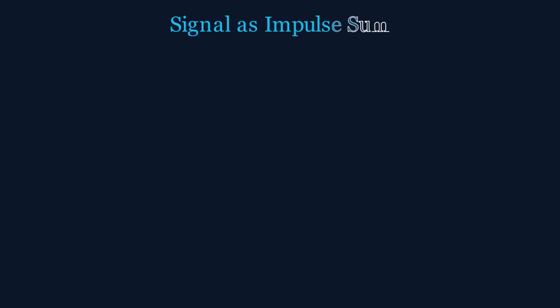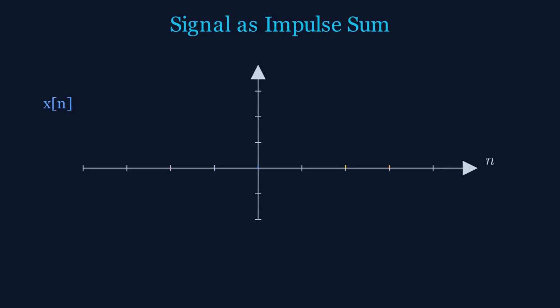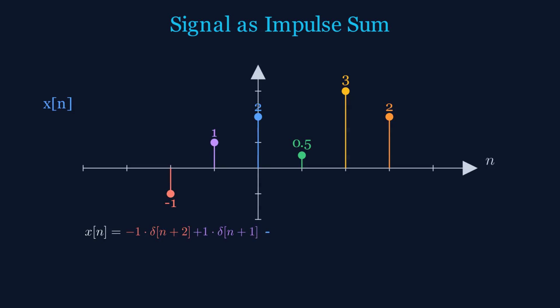Here's a fundamental insight. Any discrete-time signal can be written as a weighted sum of shifted impulse functions. For example, consider x[n] with values -1, 1, 2, 0.5, 3, 2, starting at n equals -2.